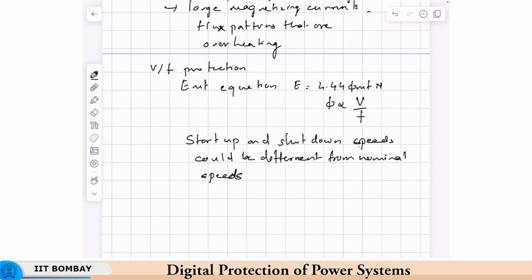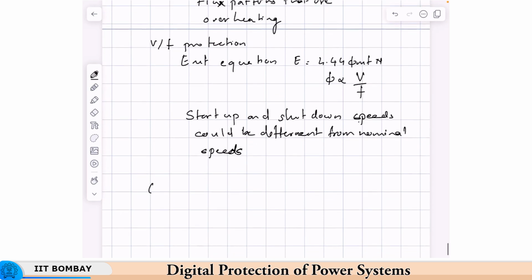The next protection that is provided is out of step. So, we saw some part of out of step when we saw distance relays.